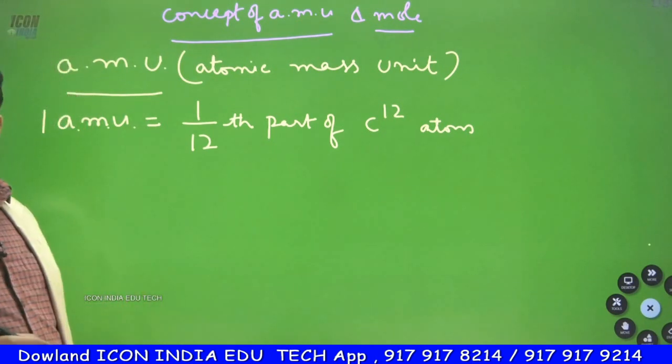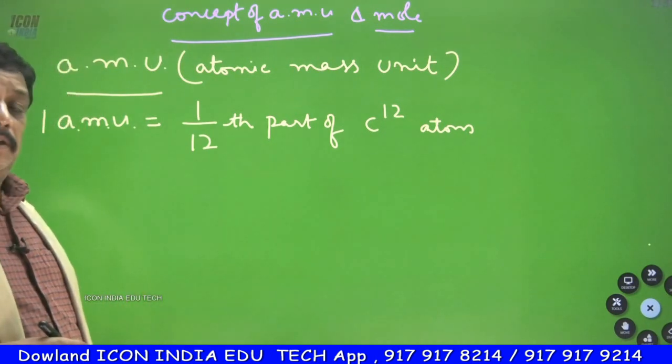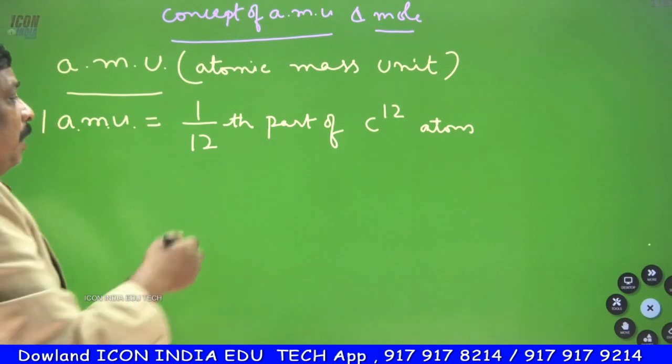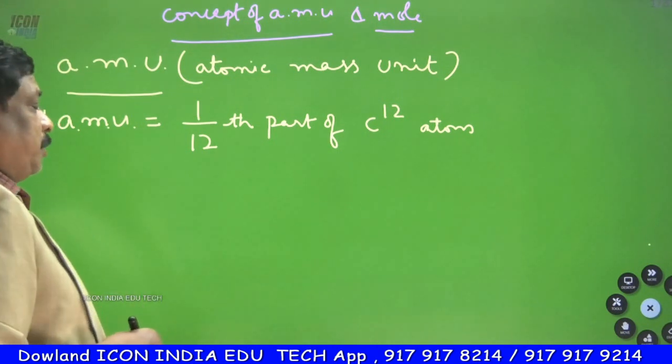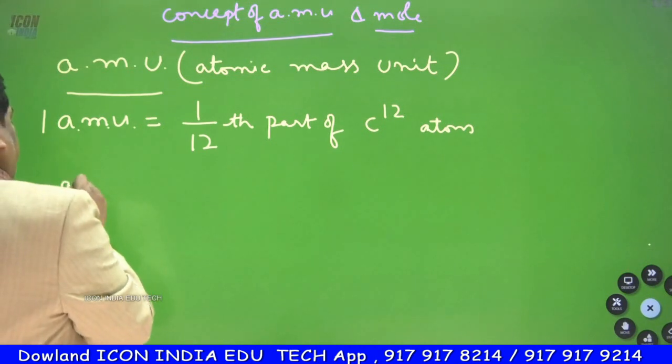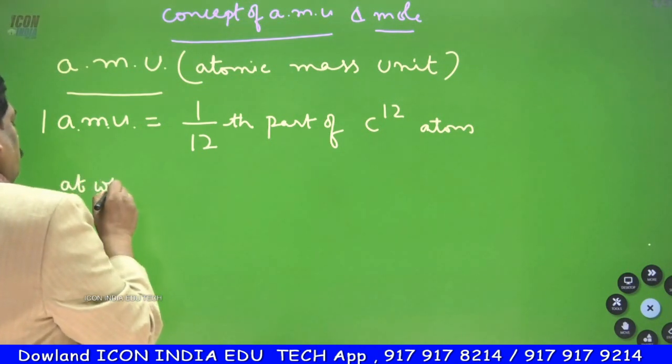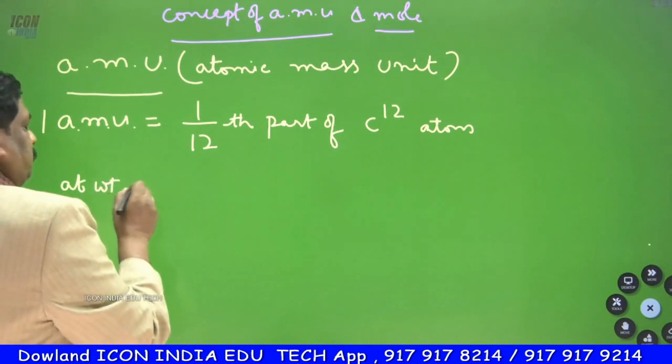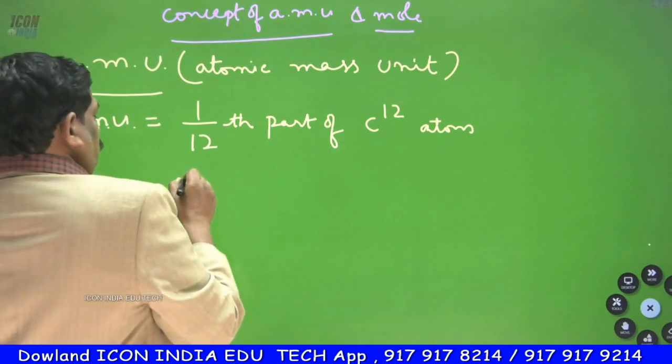What is the importance of AMU? I told you, to find relative weights of atoms and molecules with respect to the carbon 12 atom. Suppose you want atomic weight, what do we do?